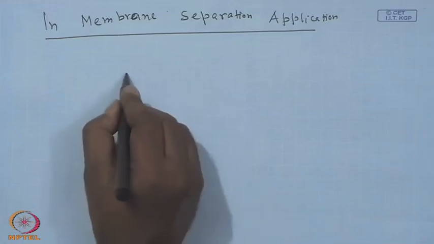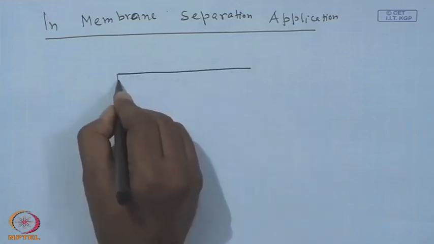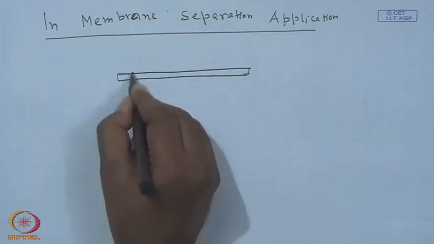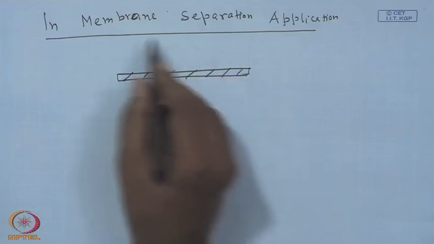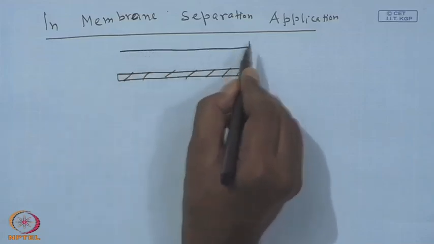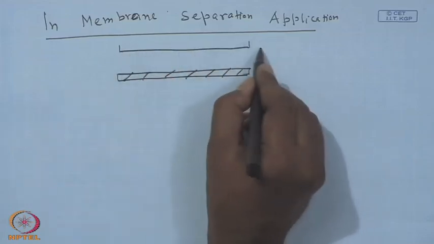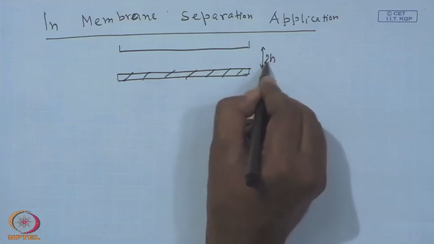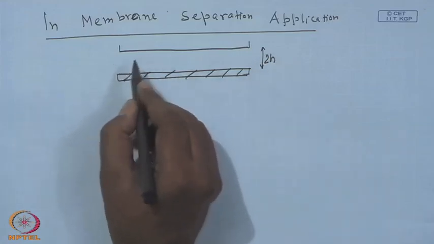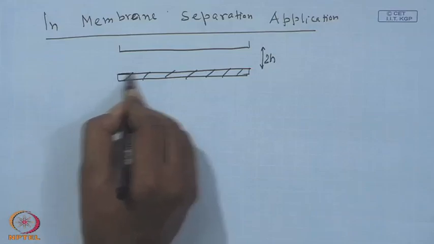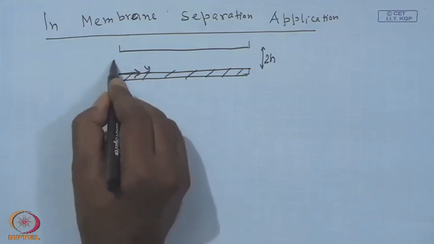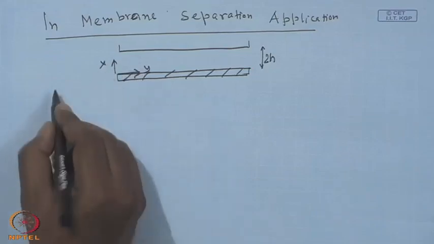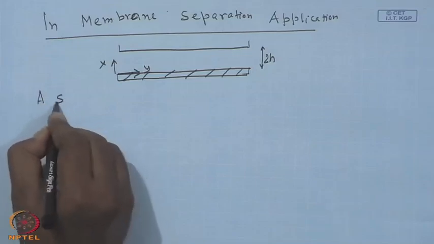Suppose you have a membrane here which is porous in nature, and the flow is occurring into a thin channel of, let us say, full height 2h, with half height h. So, we fix our coordinate system, y here, x there. We assume a steady state process.